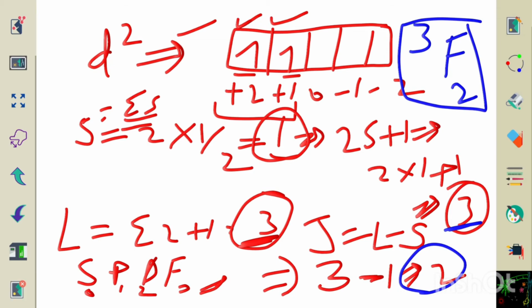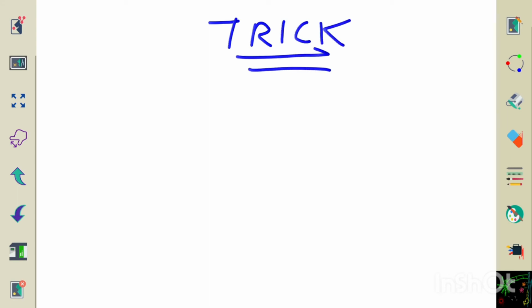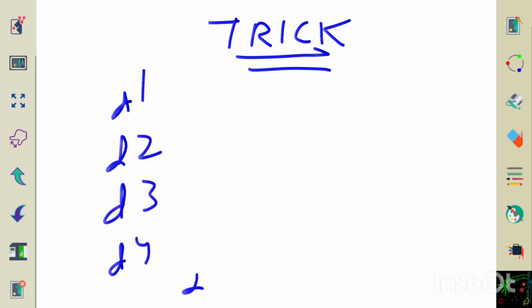Okay, right. Now let's take an example again. Here I will tell you the trick how to write the term symbol for a given electronic configuration. The trick is, first you have to find out what the configuration is, whether it is D1, D2, D3, D4, skip D5 for the meanwhile.